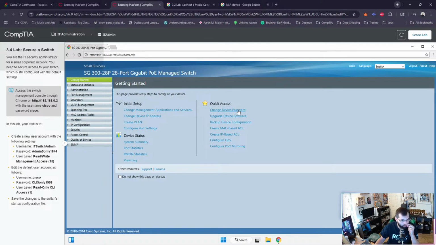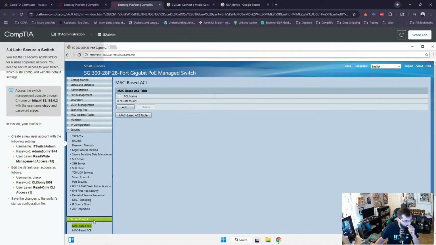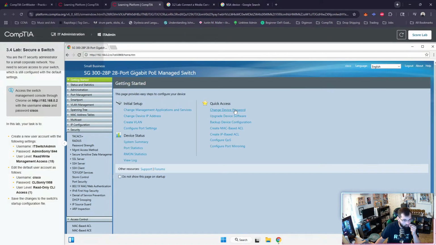Okay, so we want to change the device password, but we want to do more than that. Create a new user account with the following.